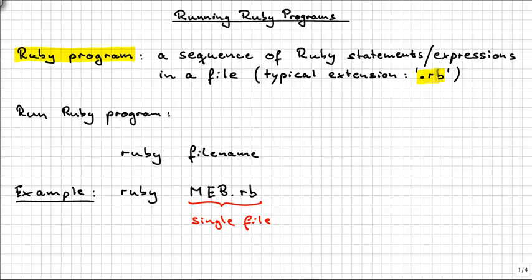And you can use ruby to start the Ruby interpreter with the given file name, then Ruby loads the file and executes it. So, for example, let's say we had the Middle-earth blog in the file meb.rb, then we could use ruby followed by this file name to execute the blog software.